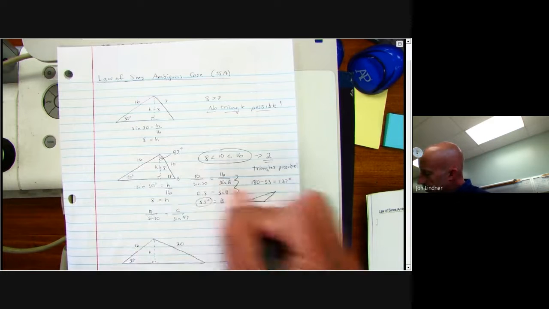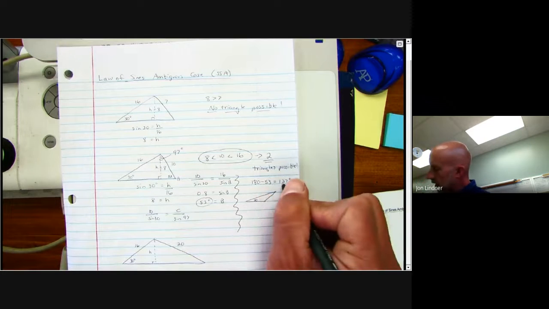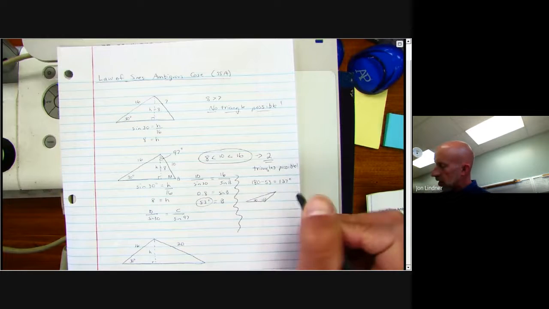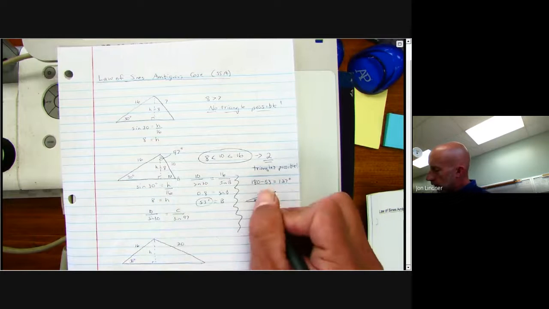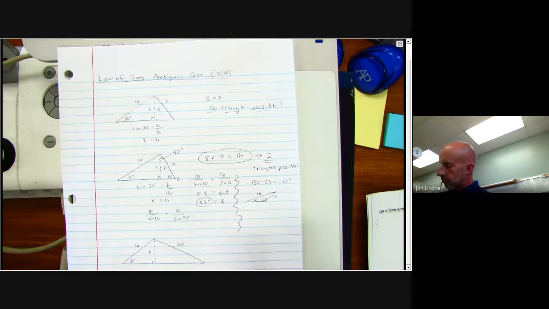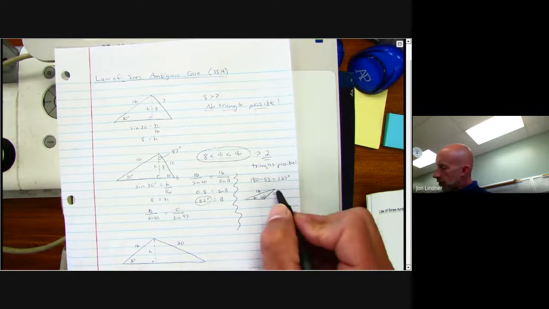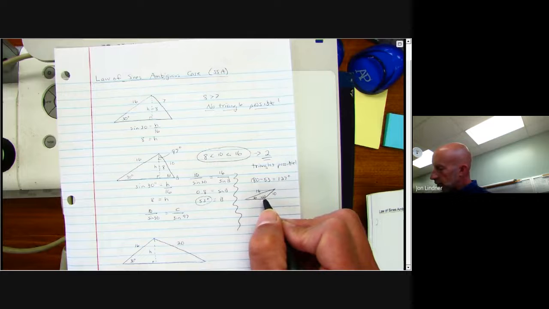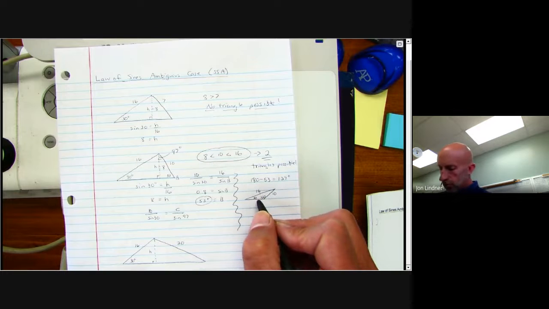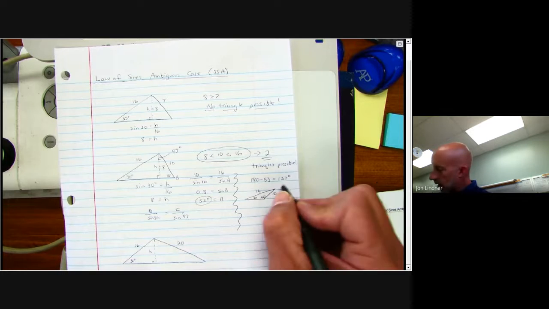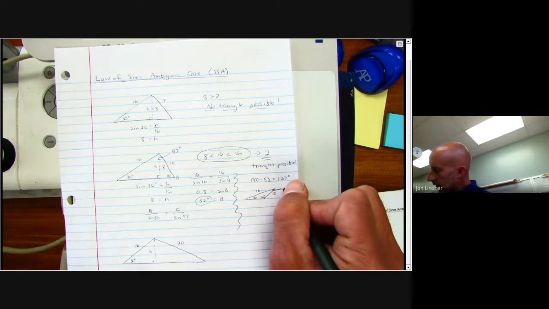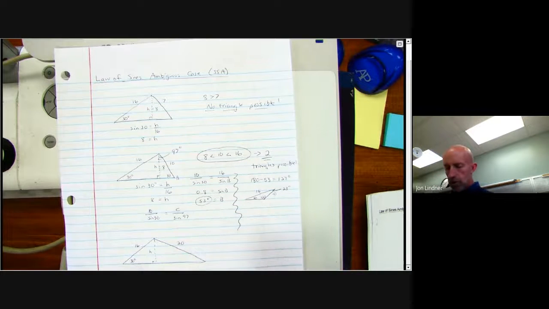I still use this 30-degree angle, but now this angle is 127. These two sides are still 16 and 10. For this third angle, I add 127 plus 30, and I subtract that from 180, and I find out this angle is 23 degrees.